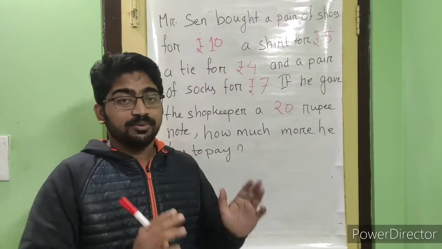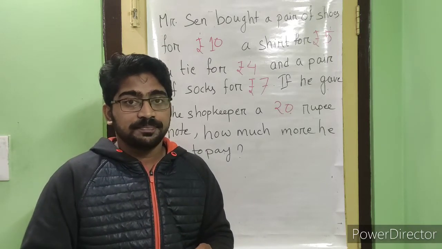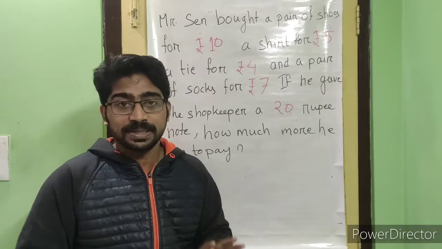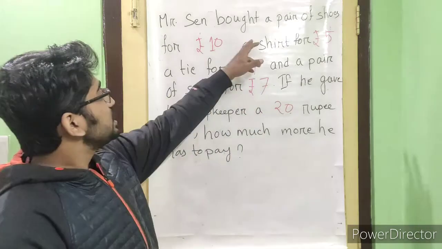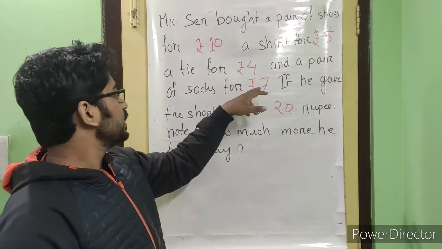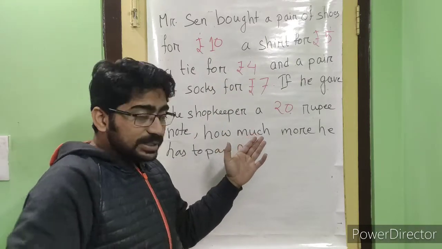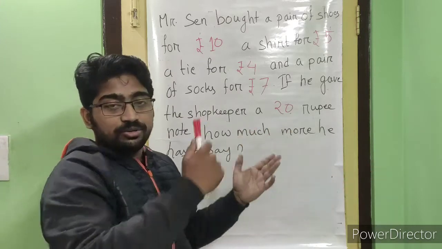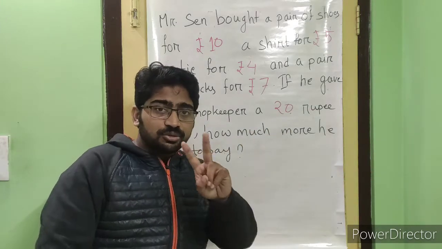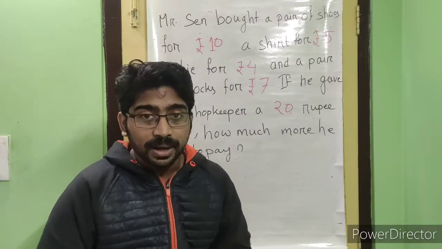Now what they want to tell, see, at first some things have been purchased and their prices have been given. Suppose Mr. Sen bought a pair of shoes, then a shirt, then a tie, and then socks, and after that he gave the shopkeeper a 20 rupee note. In this situation, two types of question may come.